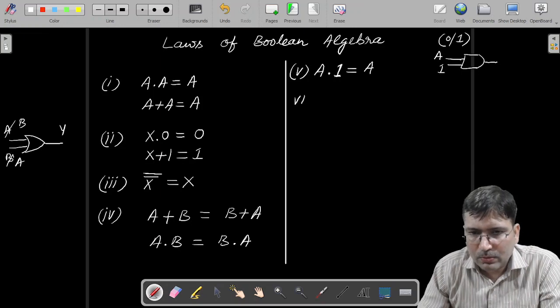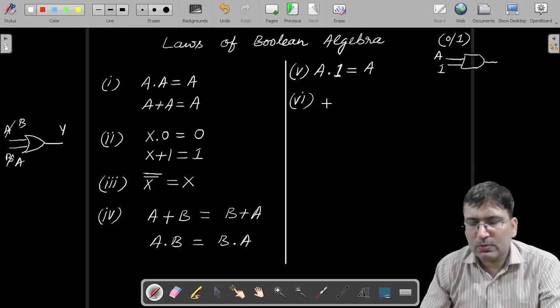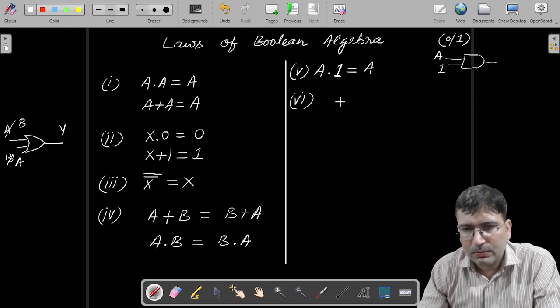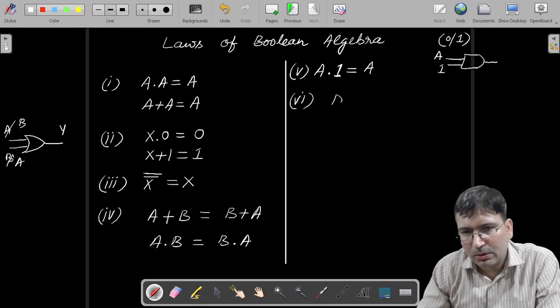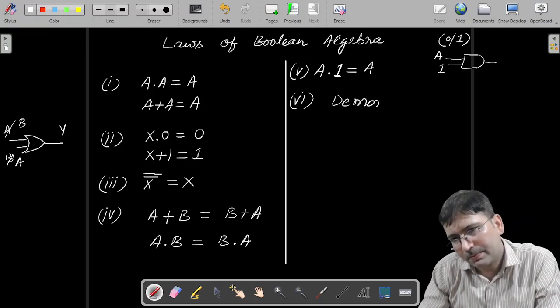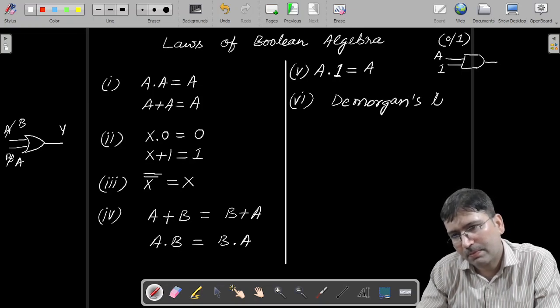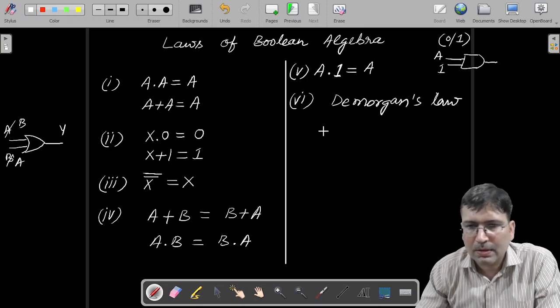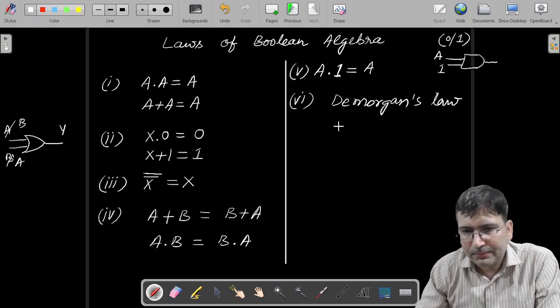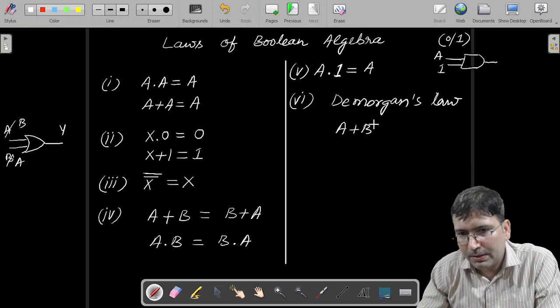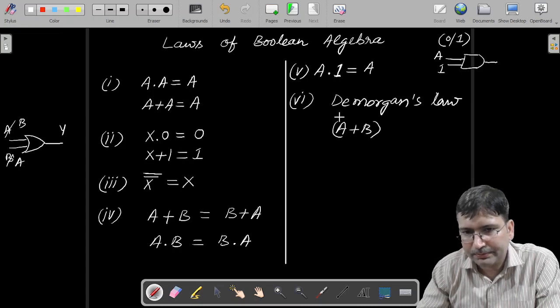Now there's one interesting law which we consider as De Morgan's law. What De Morgan says is, let's say there is a or b and you complement it.